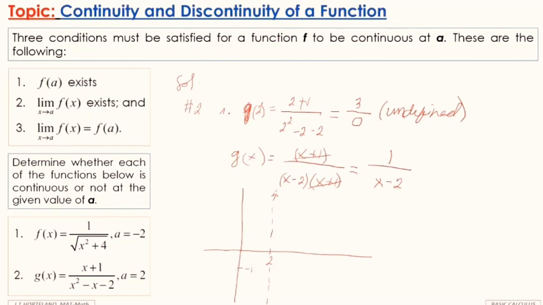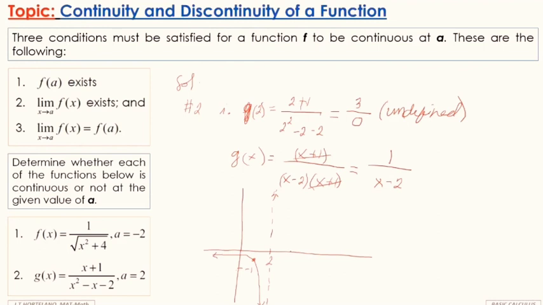If x is 1, y is negative 0.5, so it is located here. So, this means the graph is here. That is how simple it is to graph a rational function.